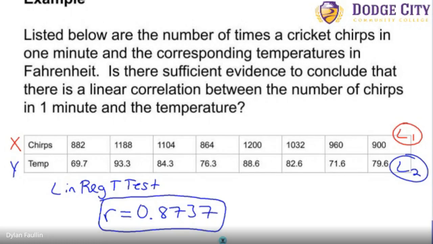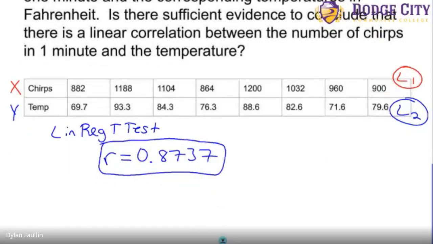All right. Again, this two and this two. You got that?